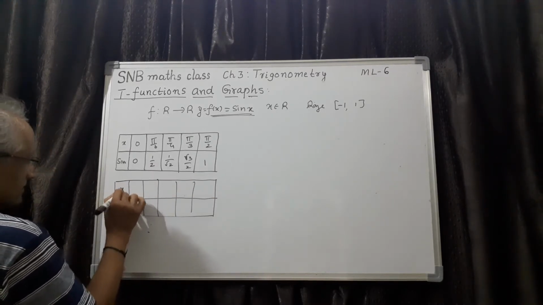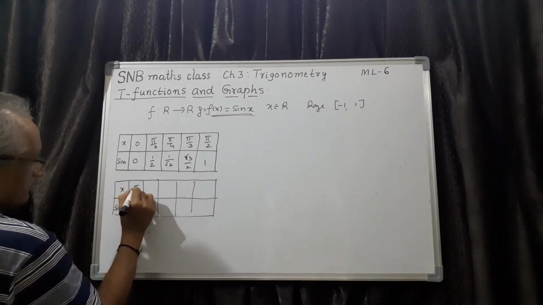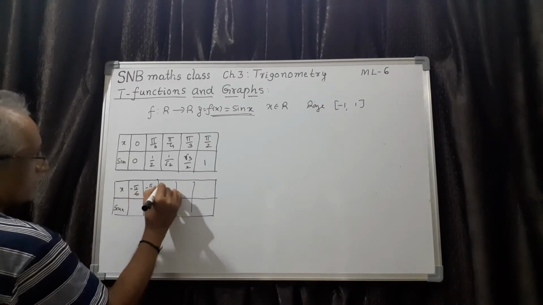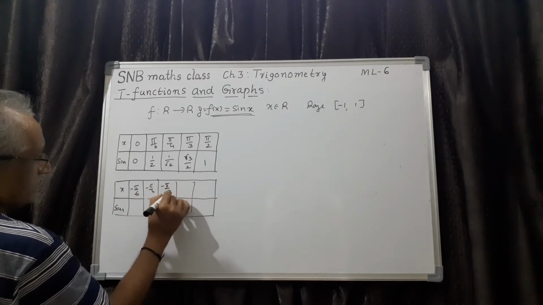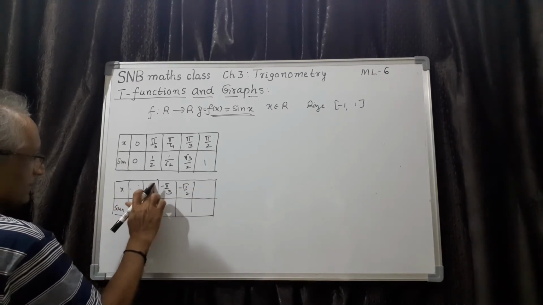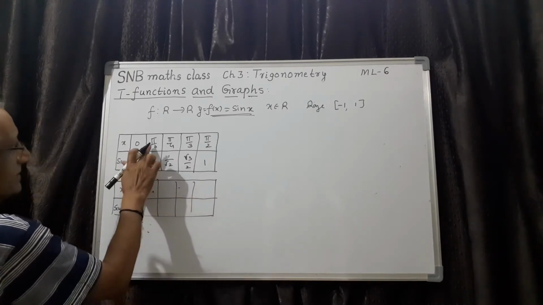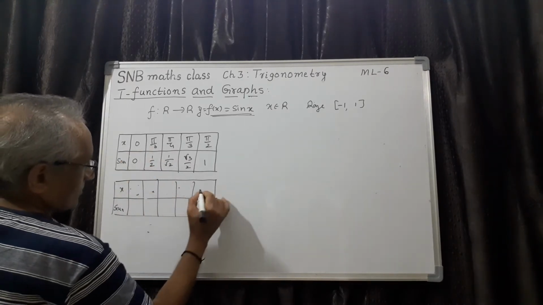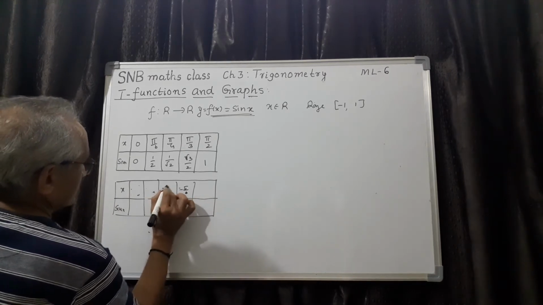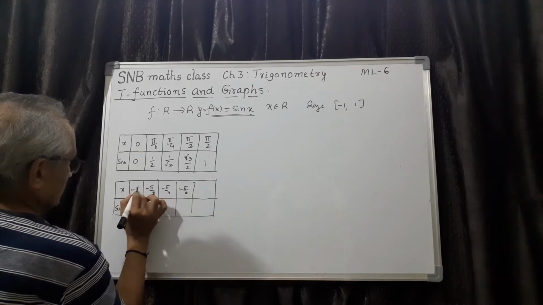So here x, here sin x, but I will take minus pi by 6, then minus pi by 4, then minus pi by 3, and minus pi by 2. Of course, I should write them in the reverse order, otherwise there will be confusion. So it should be minus pi by 2, minus pi by 3, minus pi by 4, minus pi by 6.